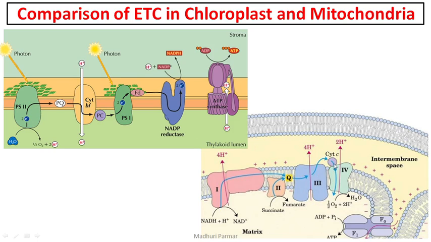It is just called cytochrome C. Now this cytochrome C will pass its electron to complex 4, which is cytochrome C oxidase. Complex 4 will pass the electron to oxygen, and this oxygen will get converted into water. So can you see, it is quite the opposite reaction of the same thing. In photosynthesis, we studied the terminal electron acceptor was NADP plus, and here the terminal electron acceptor is oxygen.